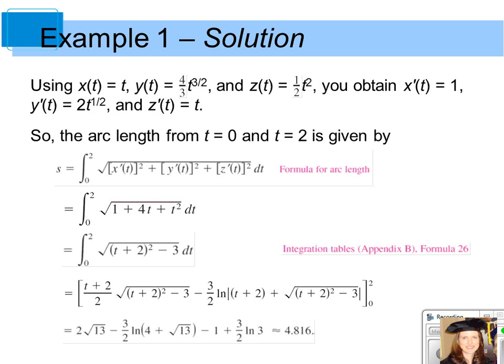When you make those substitutions and subtract, you get approximately 4.816. Now this is rather tedious, so I would like to show you how you can use a graphing calculator to evaluate the definite integral to come up with the approximation of the arc length.